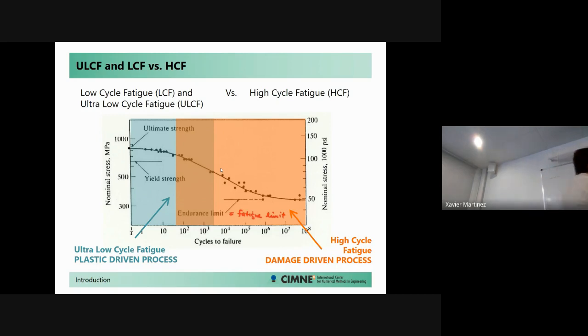And then we've got this mixed area, which is usually considered low cycle fatigue. It's between the ultra-low cycle fatigue and the high cycle fatigue. And in this area, you can have both plasticity phenomena and damage phenomena.